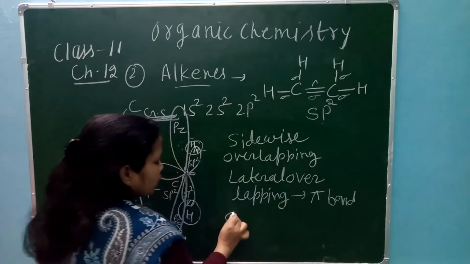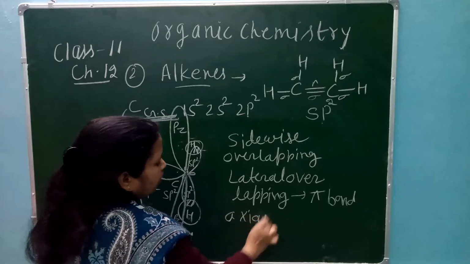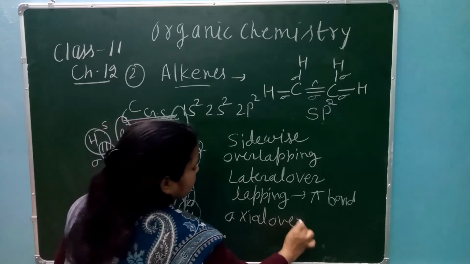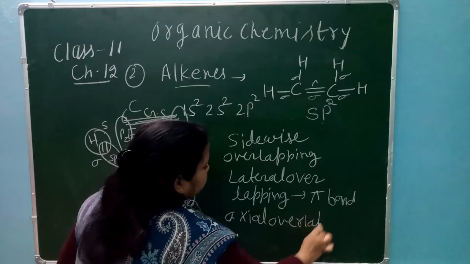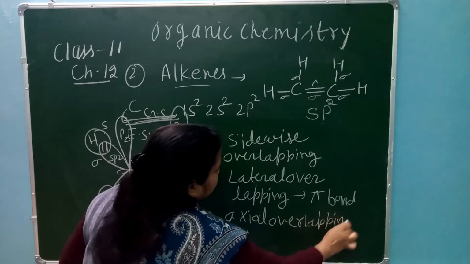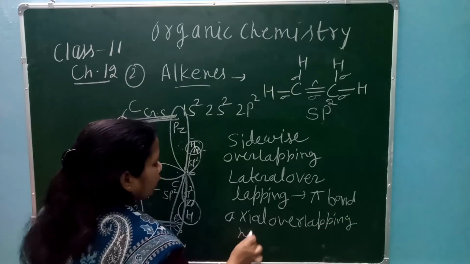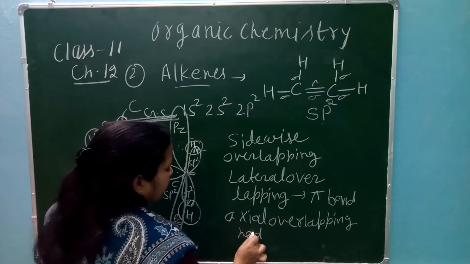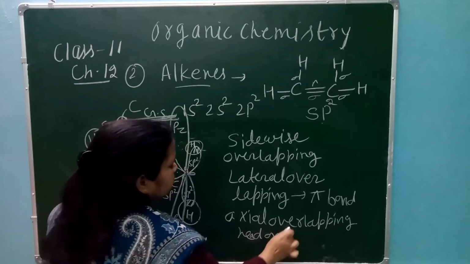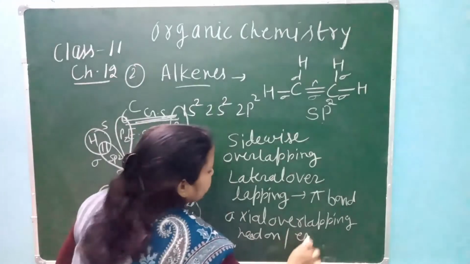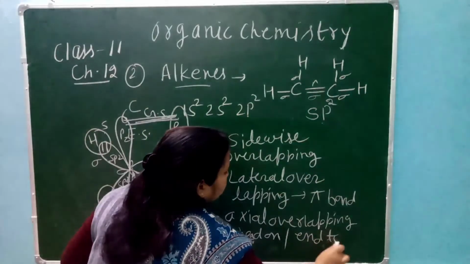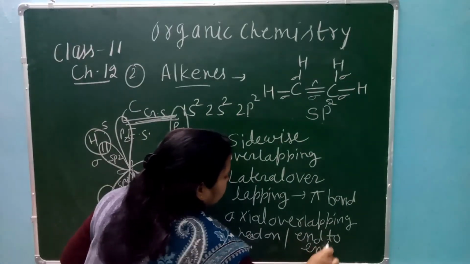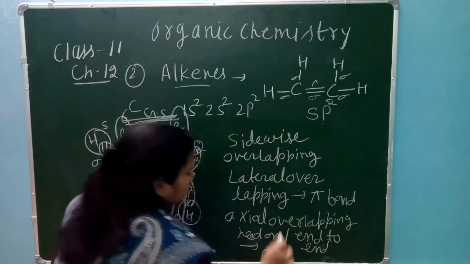And due to axial overlapping, it is also called head-on overlapping, also called end-to-end overlapping. They form the sigma bond.